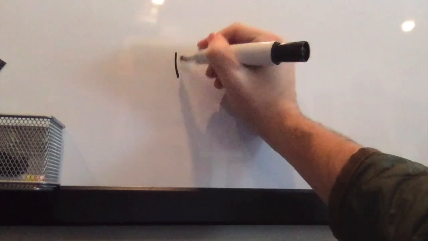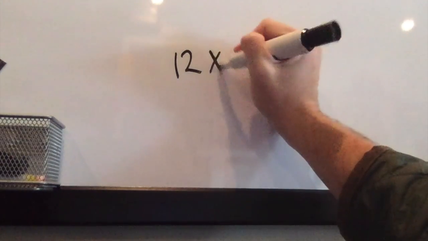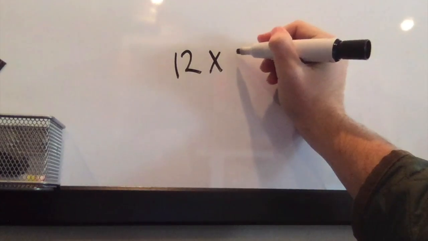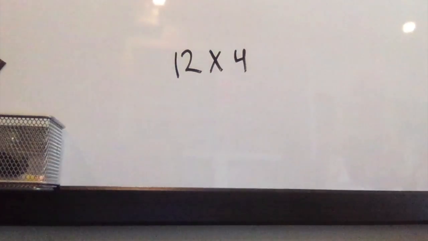So with 6.7, we're talking about multiplying large digit numbers, right? So let's take an example problem. Let's go with 12 times 4, right? And let's say I didn't know how to solve this problem.